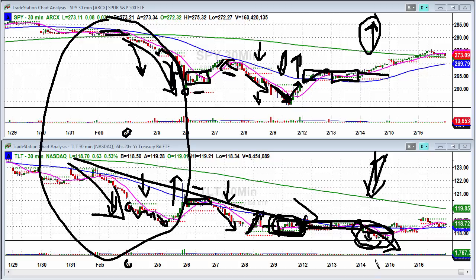Now, as you can see from this whole progression, it doesn't mean that that attitude has to continue for any particular length of time.